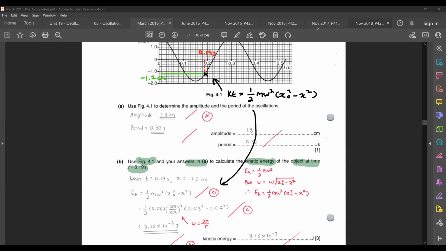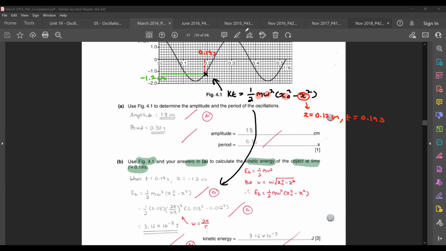You need to first find out what is your x at 0.19. It's actually 0.12 centimeter at t equals 0.19 seconds. You sub this one in, you already know the rest of the values. You already know your mass, your angular frequency, your amplitude. You can now find out your KE.